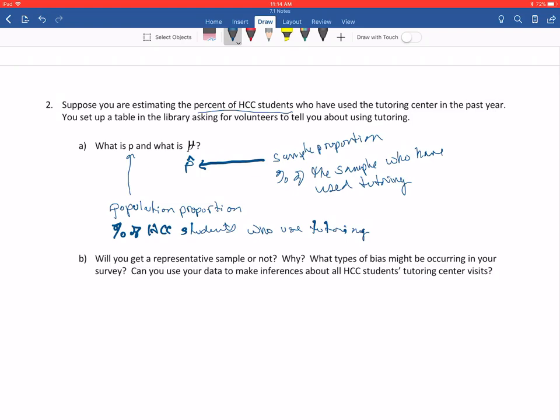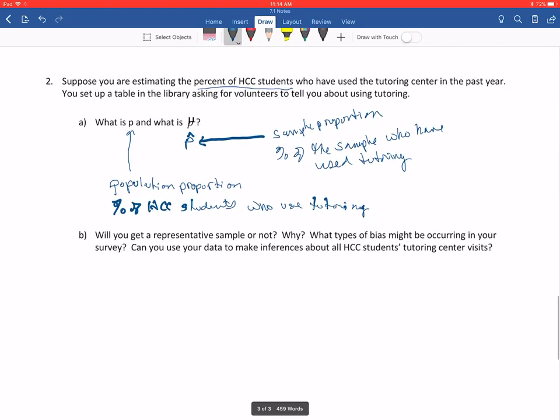Will we get a representative sample or not, and why, and what types of bias might be occurring in this type of survey? Can we use this data to make inferences about all Heartland students' tutoring center visits? Well, I tend to think we will probably not get a representative sample. Why?